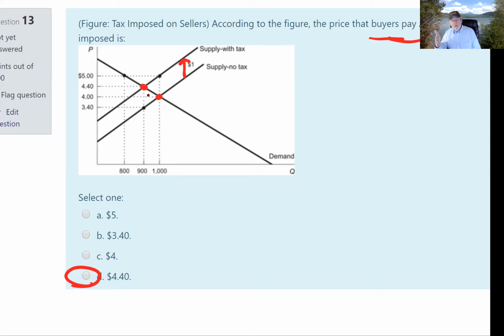Producers get $4.40, but do they get to keep it all? No, they have to give $1 to the government. So the producers get $4.40, then they give $1 to the government, and that means the price that the producers will get to keep will only be $3.40. Question didn't ask for that, but a similar question could be worded that way.